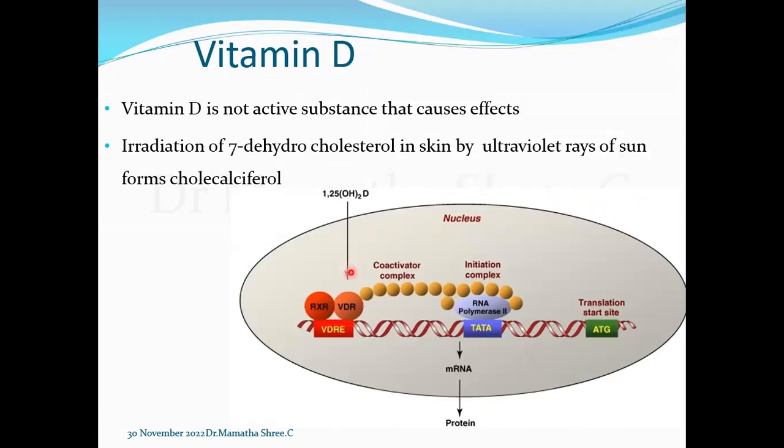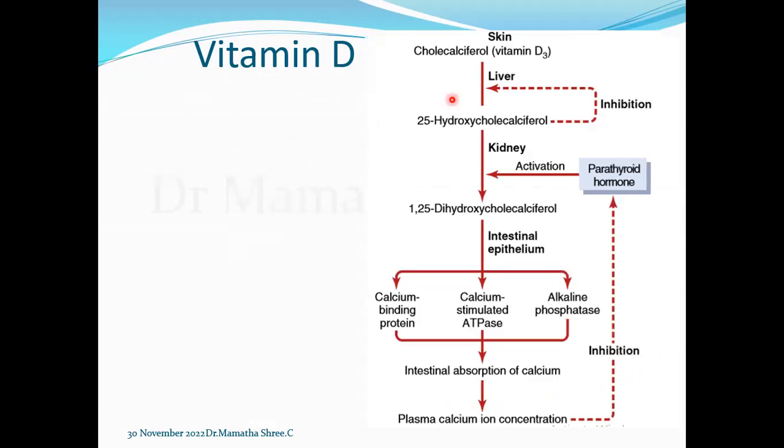Okay, so this vitamin D3, which is now formed, will act through its receptor, which is intranuclear. It binds, along with the retinoid receptor, to its vitamin D response element, activating the DNA, and then there is transcription and translation. Hence, the mRNA enters into the cytoplasm, right? In the cytoplasm, the proteins are being formed. The proteins will now cause the final actions of vitamin D. Now, what are the final actions of vitamin D?